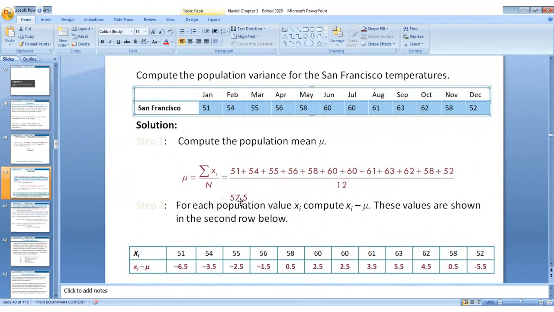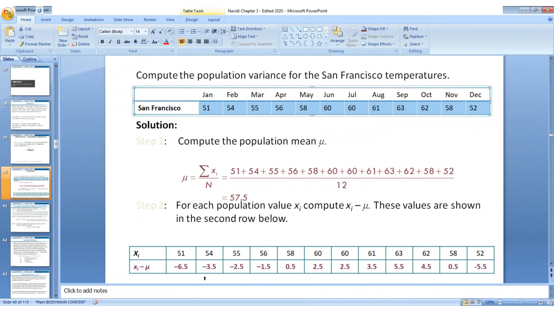So if a value is less than 57.5, it's going to be negative, and you'll see that on the first one. 51 minus 57.5 gives us negative 6.5. 54 minus 57.5 gives us negative 3.5. 55 minus 57.5 gives us a negative 2.5. 56 minus the 57.5 gives us a negative 1.5.